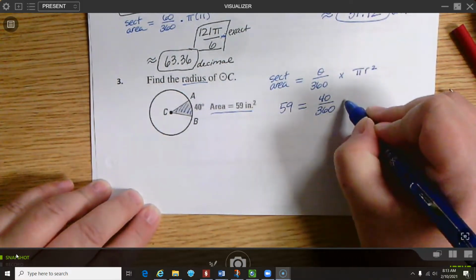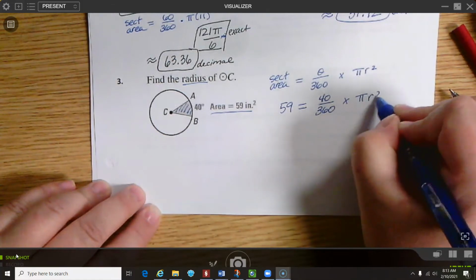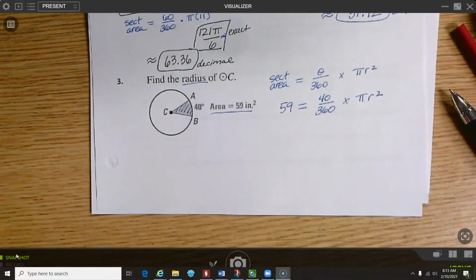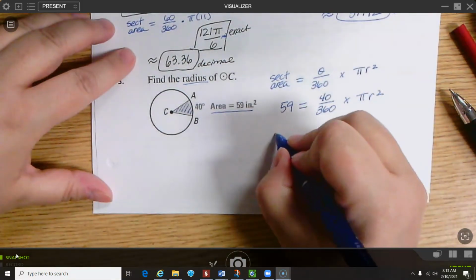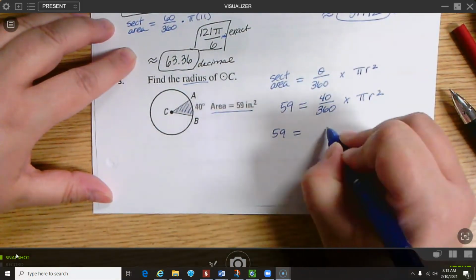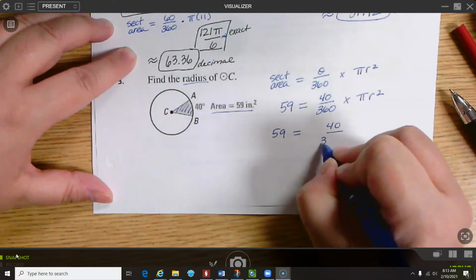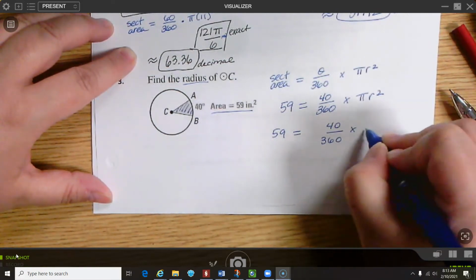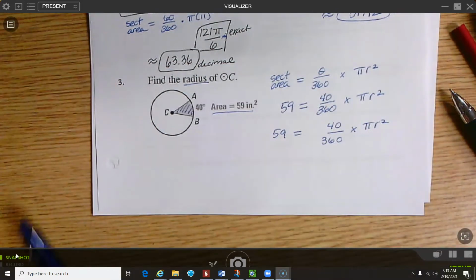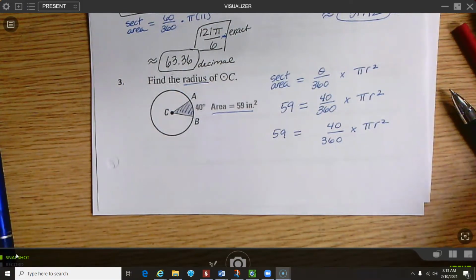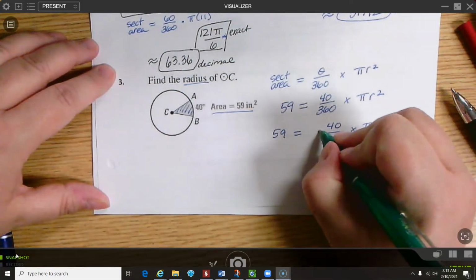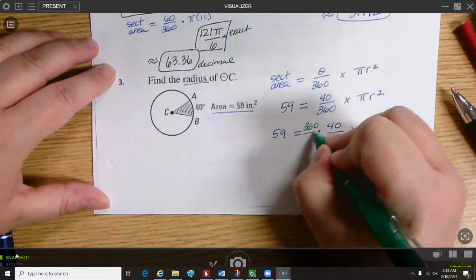What I don't know is r. So I can't fill that in. So this is what I'm solving. What I think I'll do first, and I'm going to rewrite this spaced out a little bit, is get rid of this fraction, the 40 over 360, by multiplying by 360 over 40.